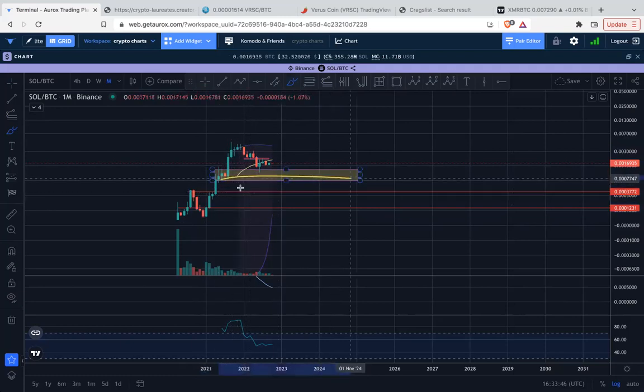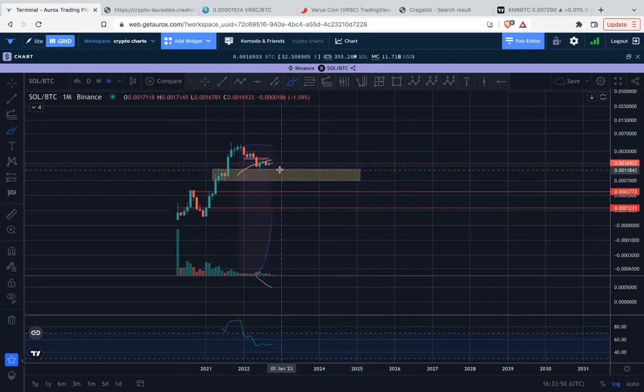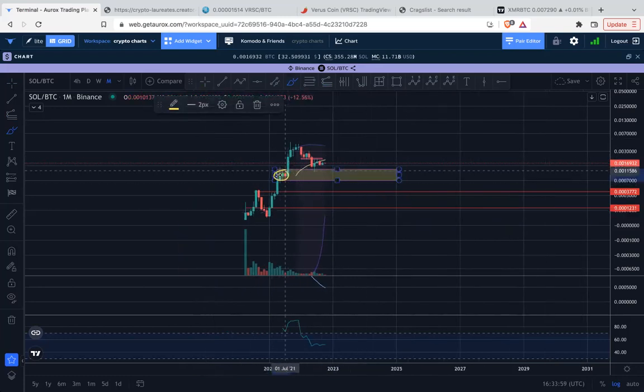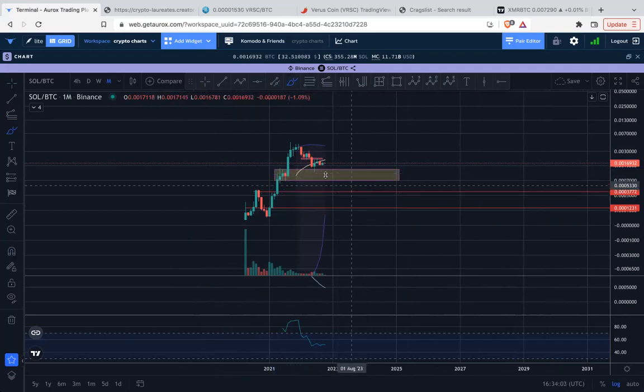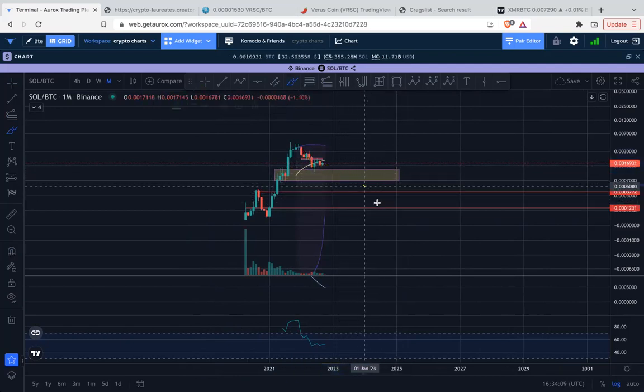Wherever the level ends up being, the longer in time it goes, the more likely it is to break down to lower levels. That's just sense. I don't know how strong this is going to be anyway, but we'll see. It looks like you need some down action towards at least 2024.